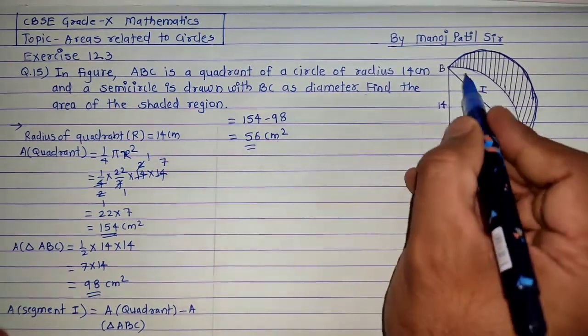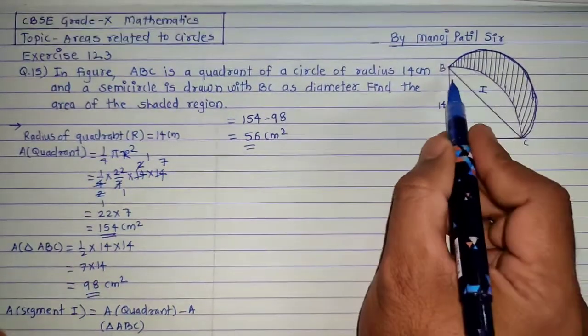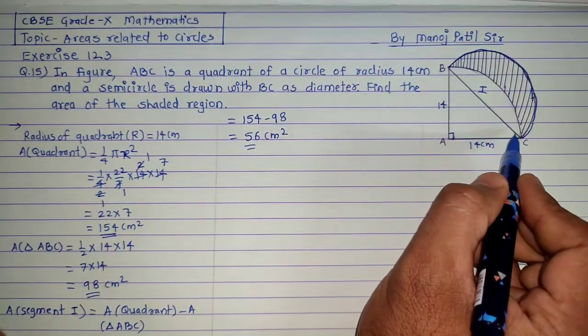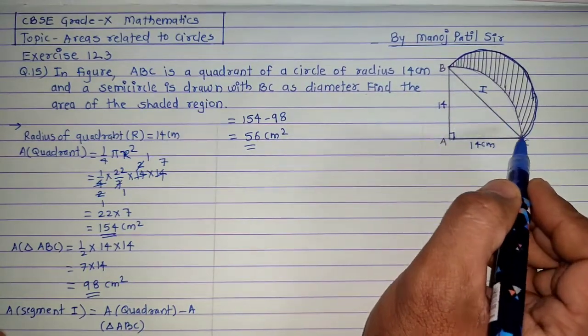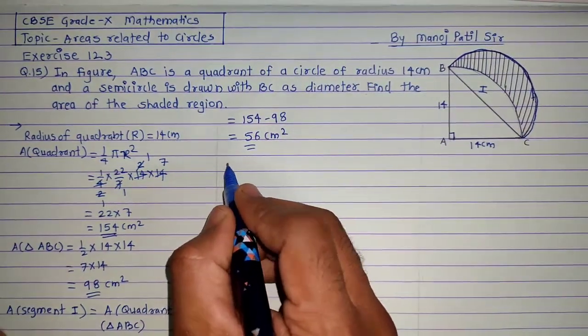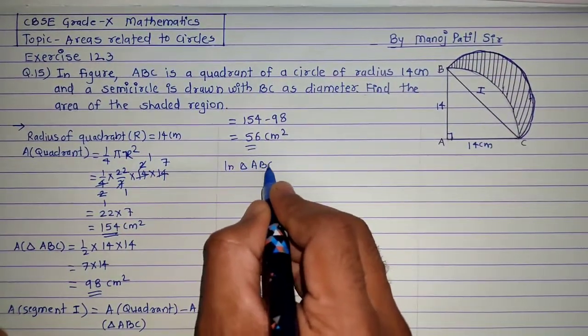Now we have to find area of this semicircle. For that we need its radius. BC is the diameter of the semicircle, but we don't know BC. So we can find BC in triangle ABC.